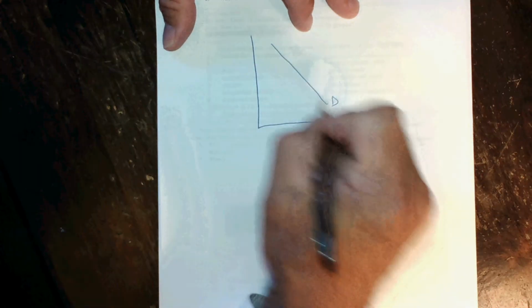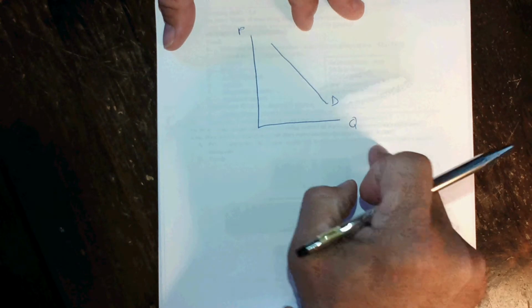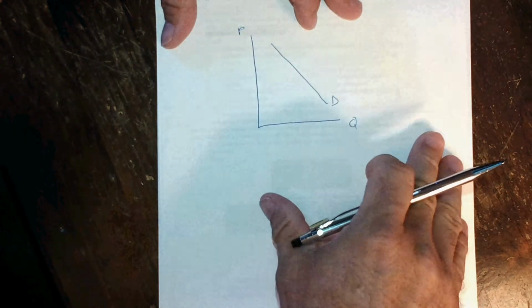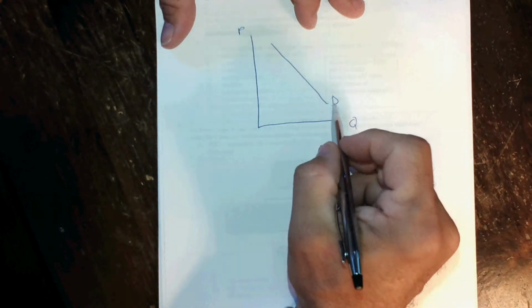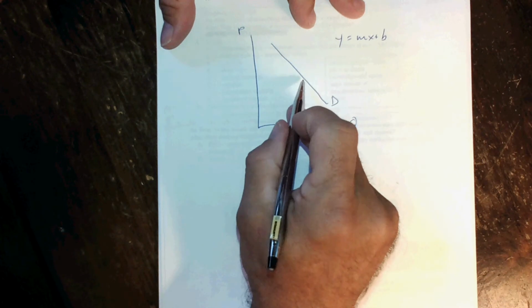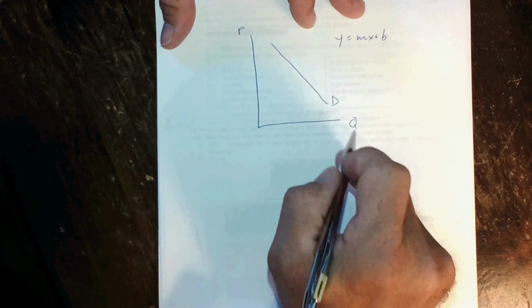Let's take a demand curve, for example. In some situations, price can determine quantity, and in other situations, quantity can determine price. But a demand curve, if we go y equals mx plus b, a demand curve is a negative relationship between price and quantity. So changes in the one variable will cause a change in the other variable.